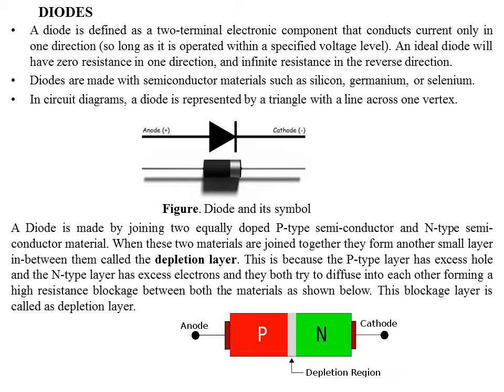Since in reverse biased condition the anode is connected to negative voltage and the cathode is connected to positive voltage, the depletion layer in between becomes stronger and does not allow the current to flow, and this is what happens in the case of reverse biased condition.